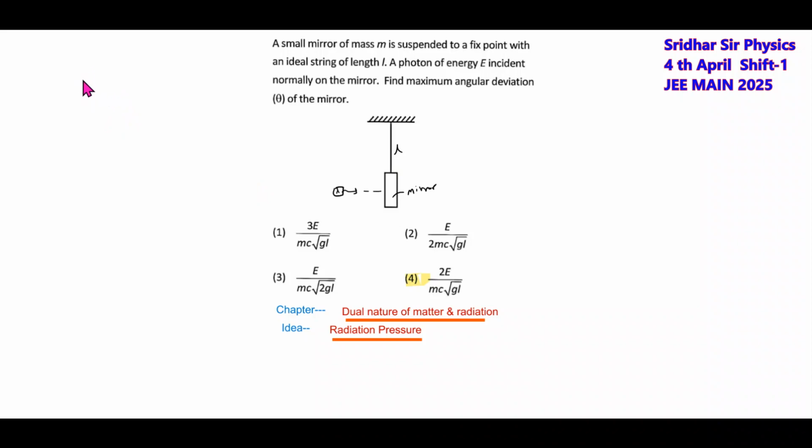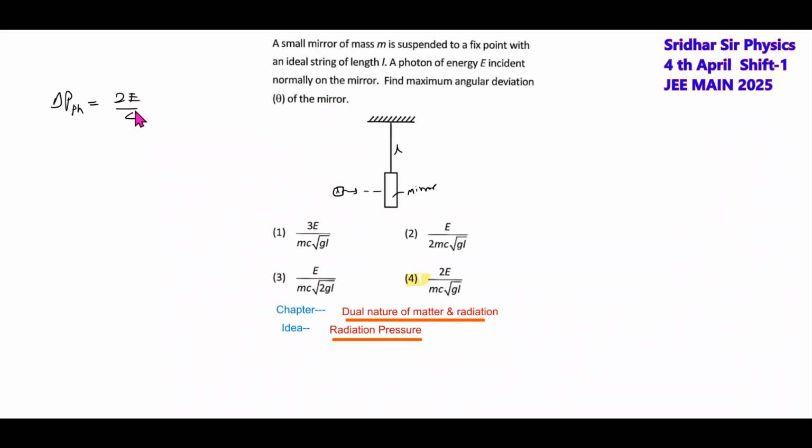So what is the change in momentum of the photon? E is the energy of the photon. Energy divided by the speed of light is the momentum. So the change in momentum of the photon should be equal to 2E by c.